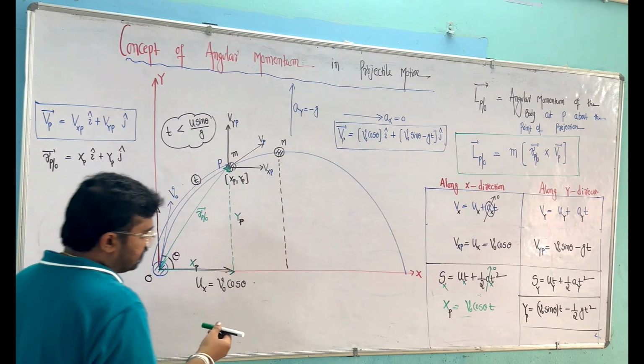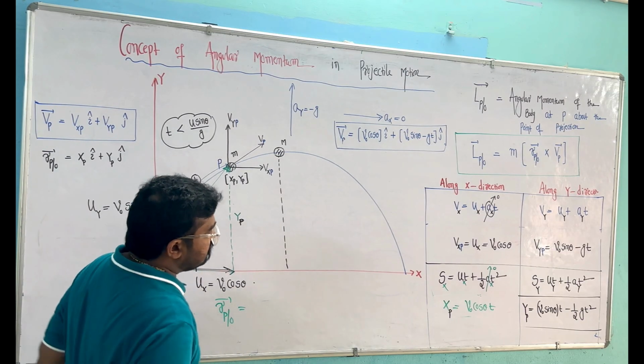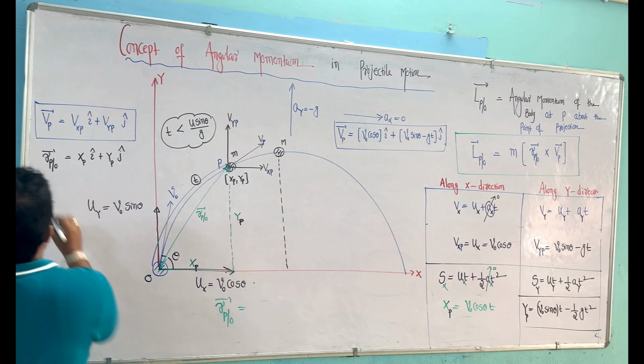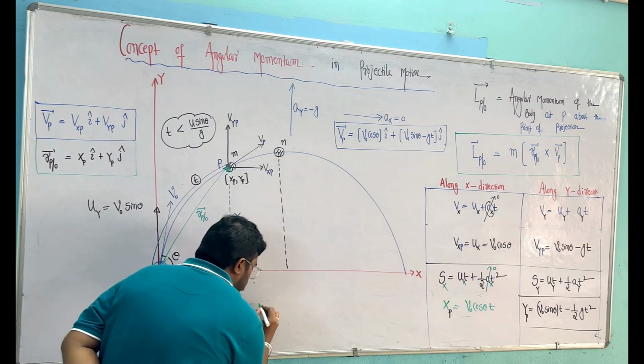So now tell me what is the position vector? Position of the particle P about point O equal to how much? xp i cap plus yp j cap. What do we get?